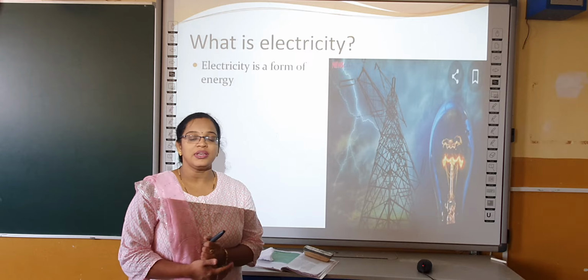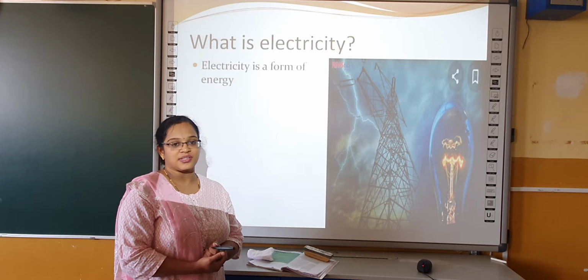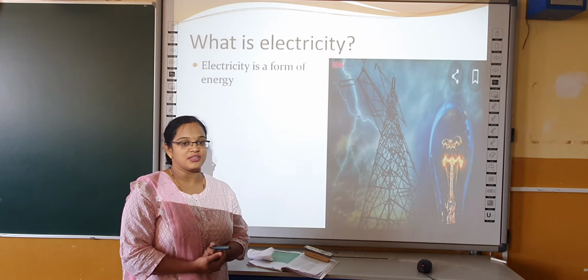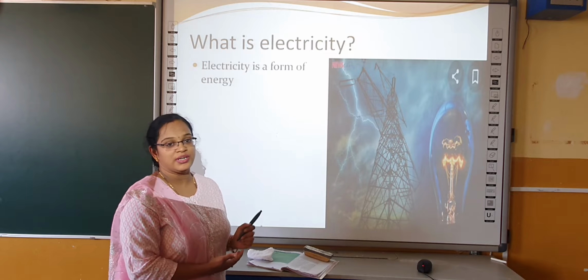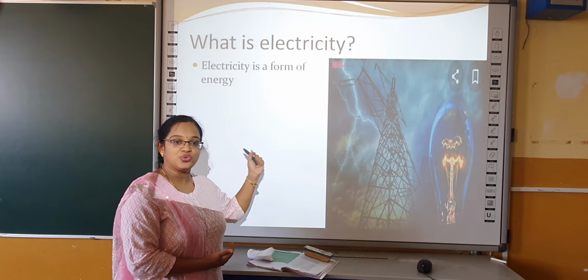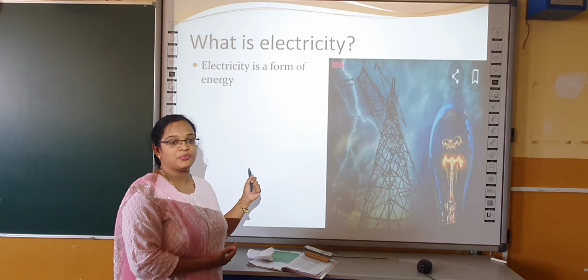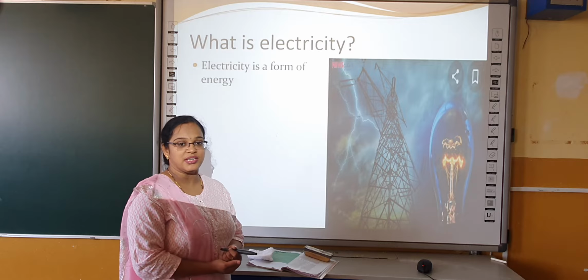Anything to be called an energy has to satisfy two laws of energies. That is, it must have the capacity to do work, then only we call it an energy. Electricity has the capacity to do work and it is easily transformed to other forms of energy.